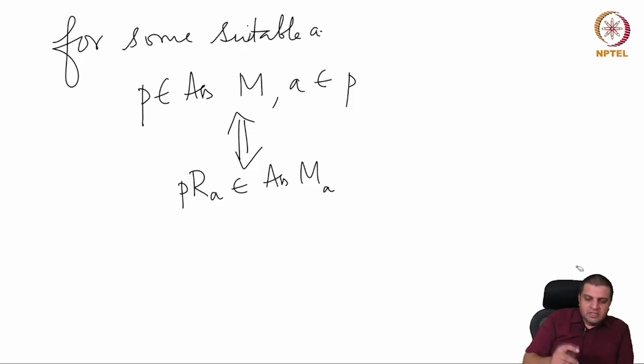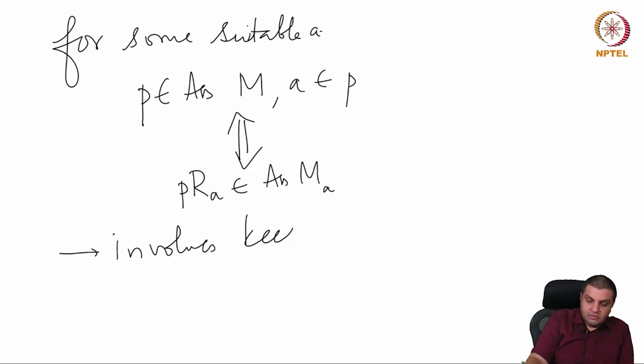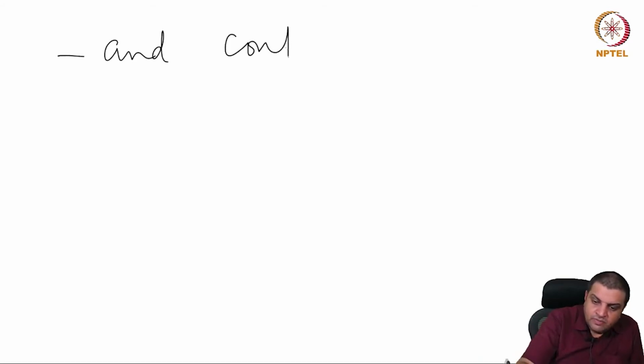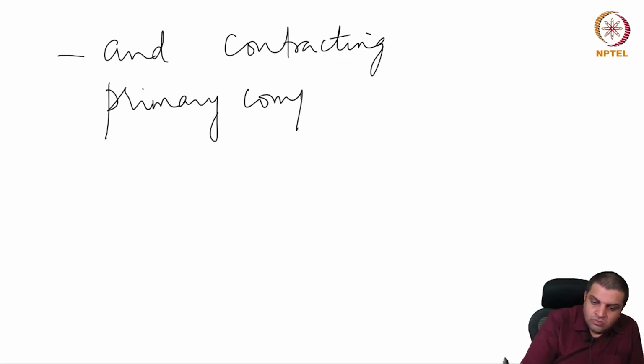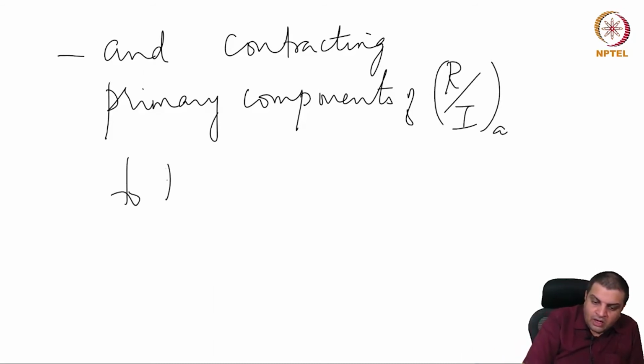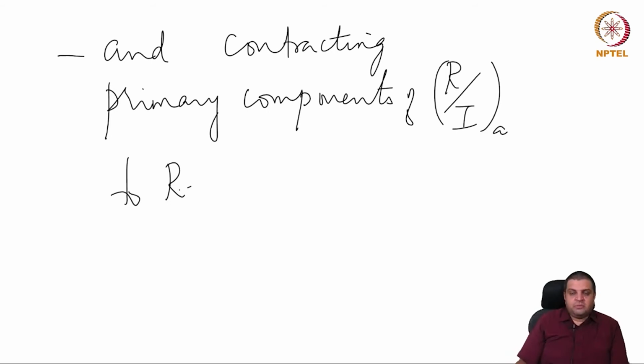One element you can manage, but it still involves keeping track of the map R to R_A, and contracting primary components, if you want to find primary components.